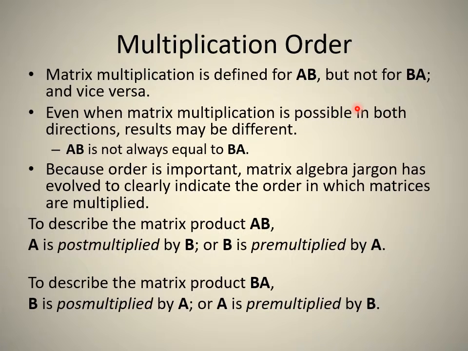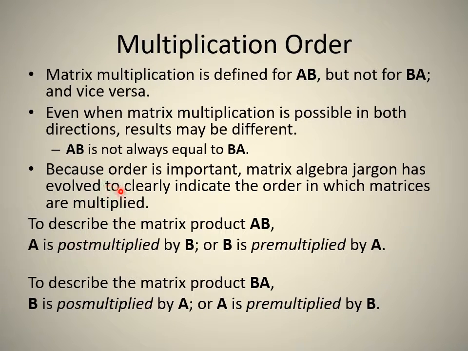So the order of multiplication is very important. Matrix multiplication is defined as AB, but that's not the same as BA. Even if matrix multiplication is possible in both directions, there might be different results. So A times B is not always equal to B times A. So that's very important.